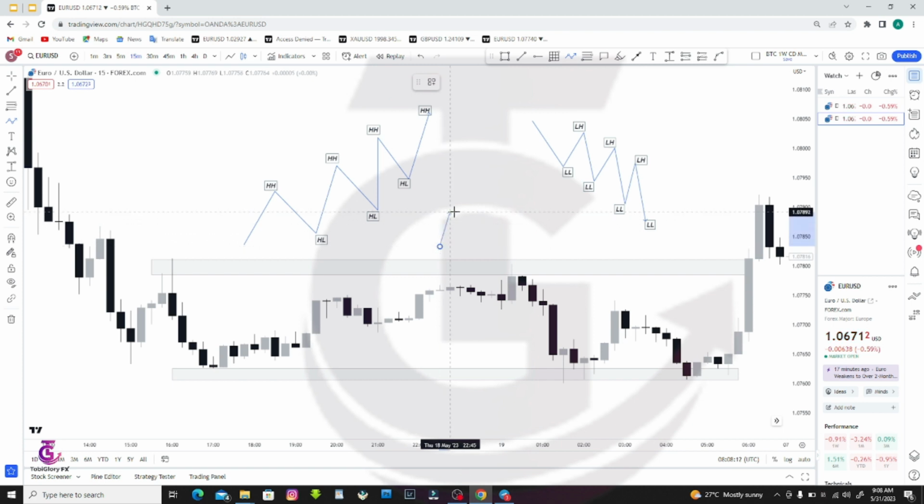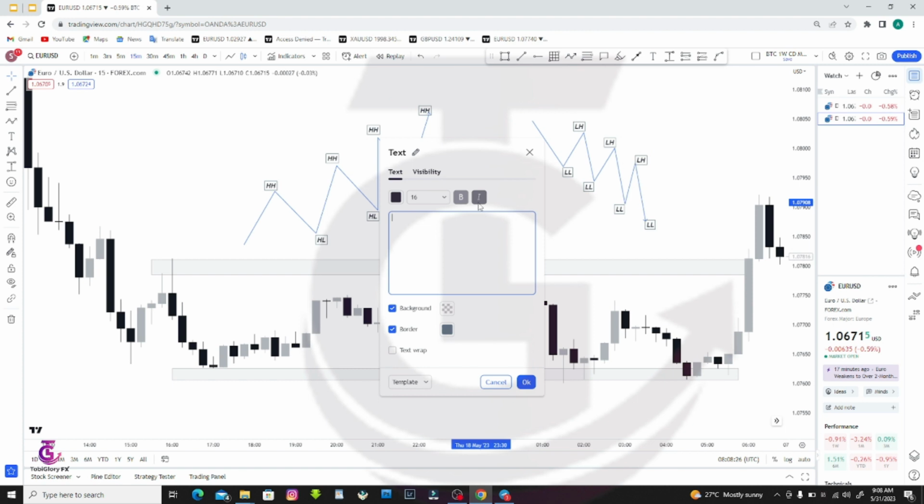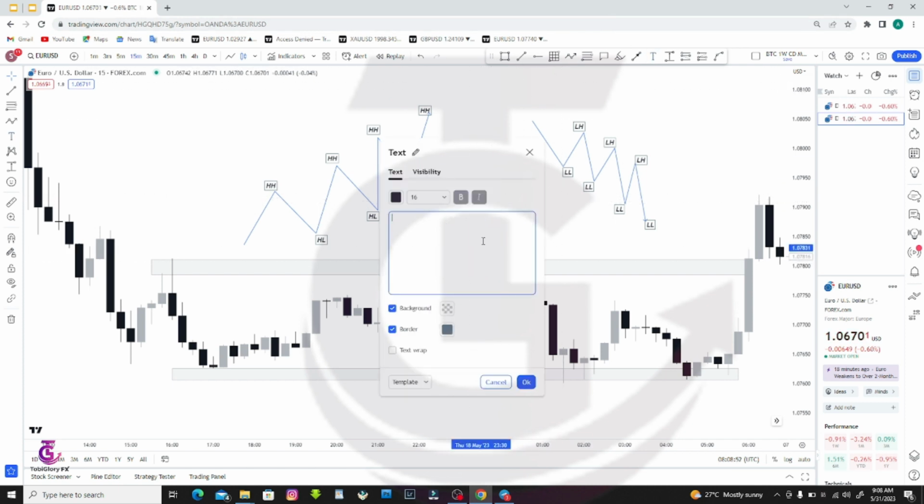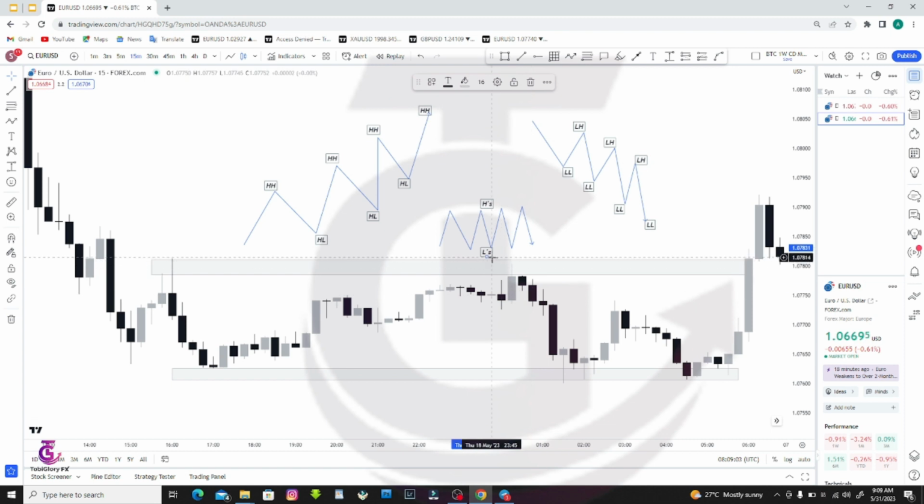And now, in a sideways market, in a consolidation part of the market, we only have highs and the lows.